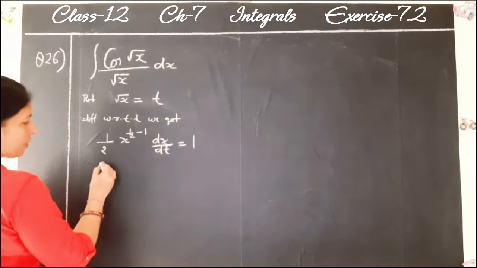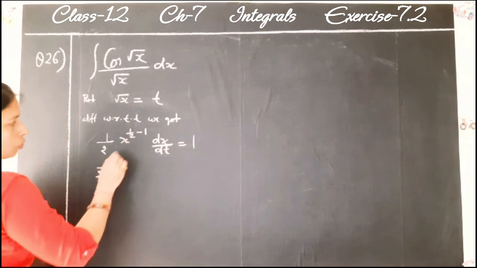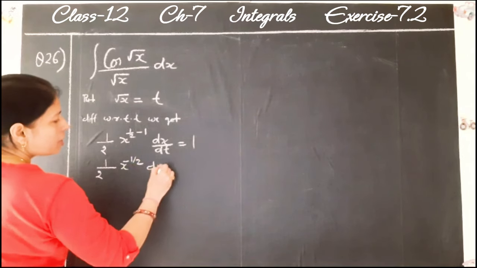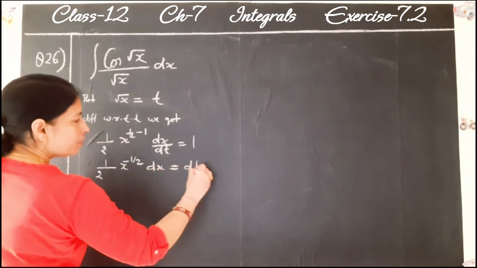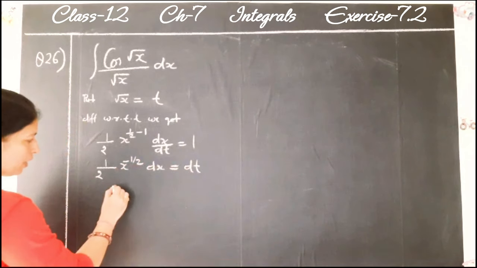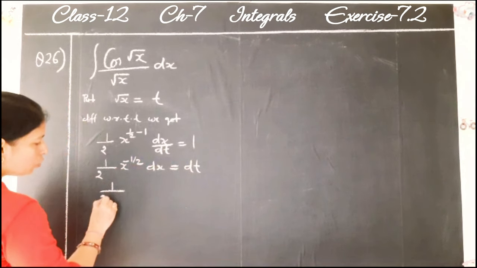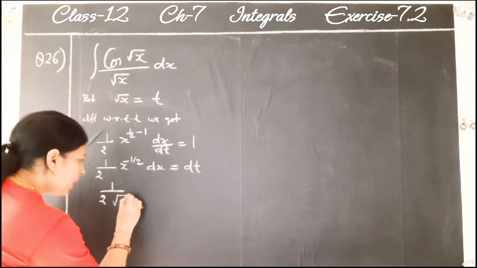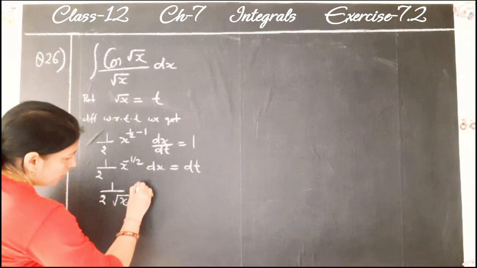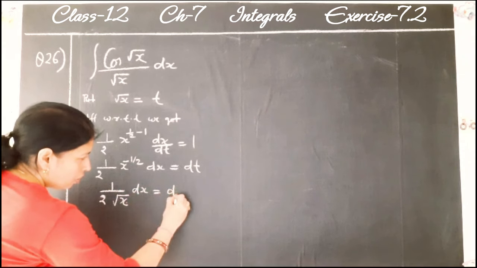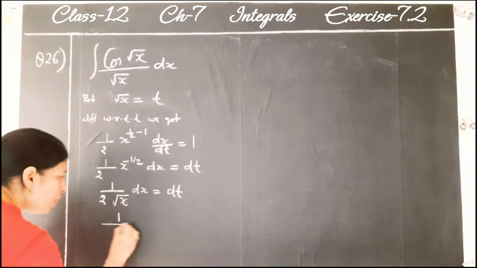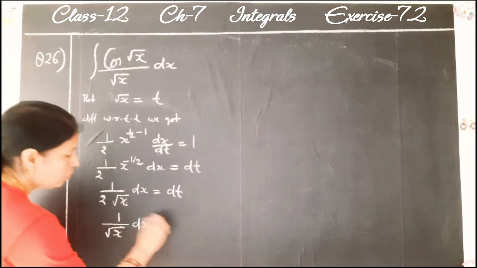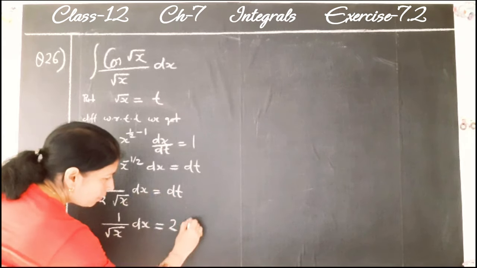So it will be 1 by 2 x to the power minus 1 by 2 dx is equal to dt. This means 1 by root x dx is equal to 2 dt.